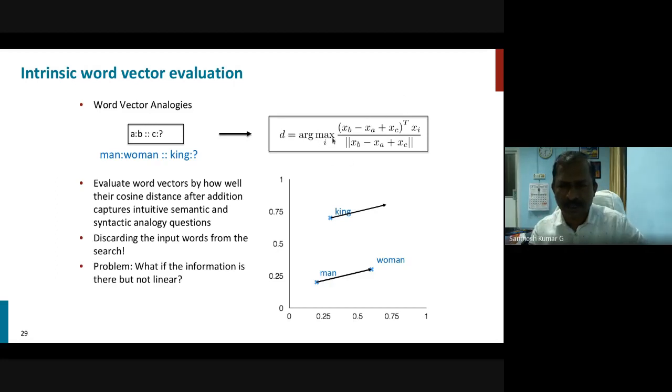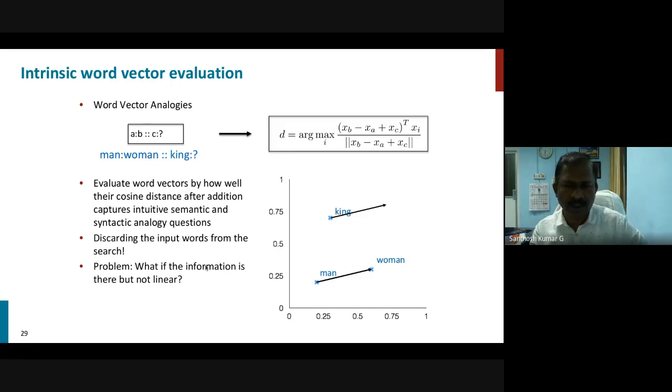So argmax represents which will give you the maximum value for this with respect to all the vectors that are there in the system. You test it and you take the maximum argument from that. So that will be the replacement for this D, and you are expecting queen will be the maximum vector given by this equation.